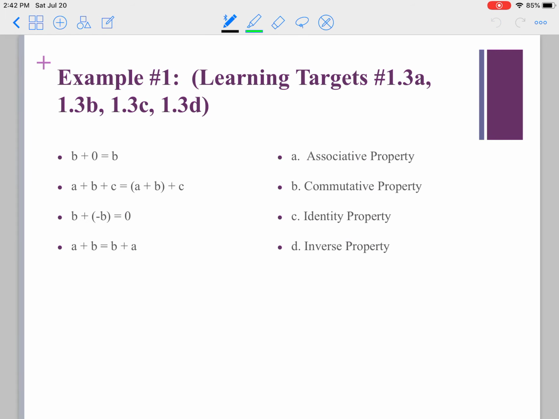So let's look at example number 1. This is highlighting learning targets number 1.3a, 1.3b, 1.3c, and 1.3d. These are our properties of addition. And so what we're needing to do is match our properties with the generalized representations of them in equation form on the left.